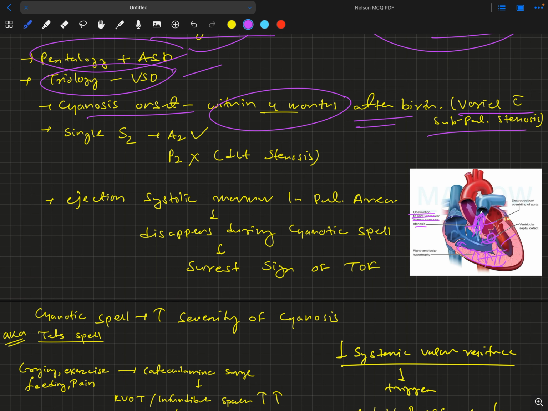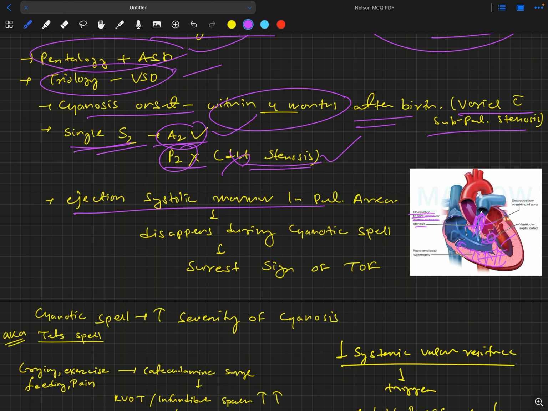And there are some other cyanotic congenital heart diseases where the newborn will itself present with cyanosis, as in case of TGA. So single S2: A2, P2. P2 is not heard due to pulmonary stenosis. So A2 is only heard. That's why it's called single S2.